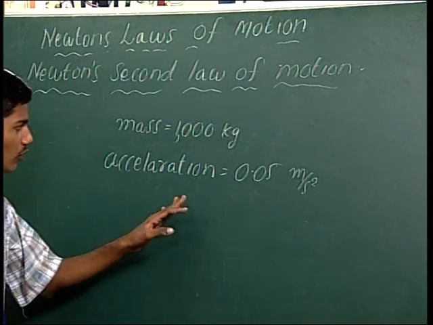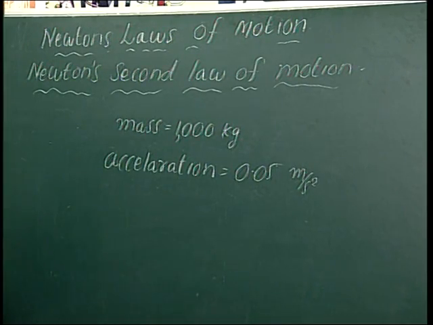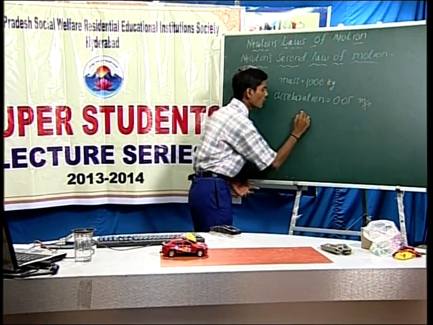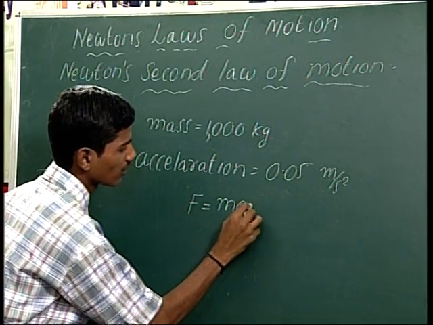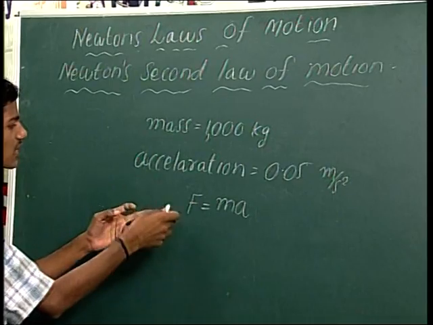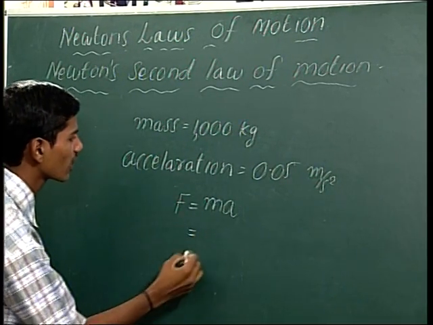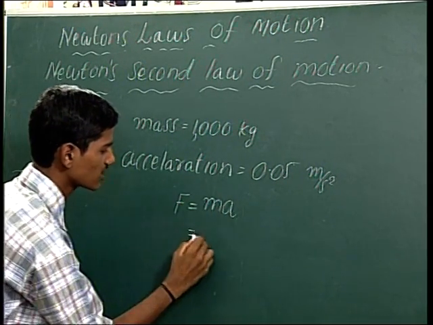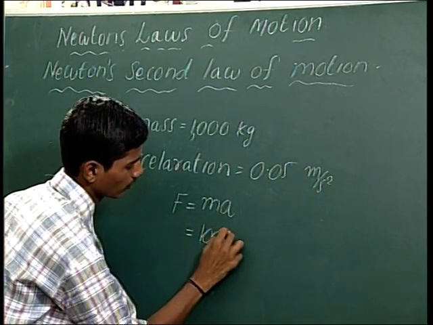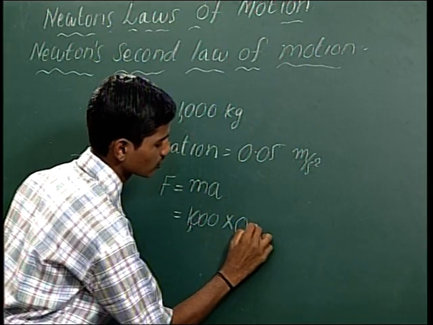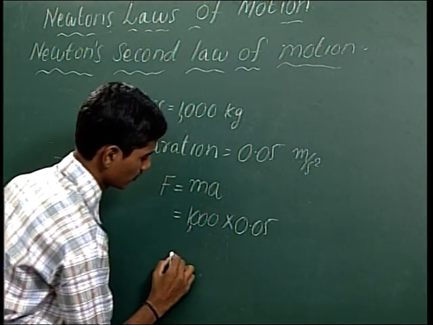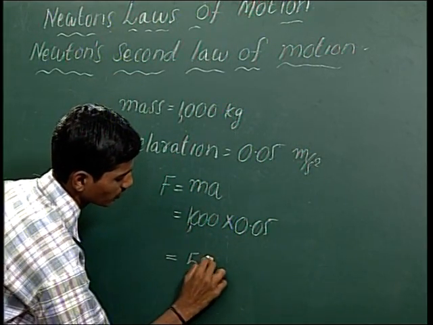We already derived the expression for force, F is equal to ma. So we have to substitute these values in this expression, then we will get the answer. Mass equal to 1000 kilograms into acceleration 0.05, that is equal to 50 newtons.